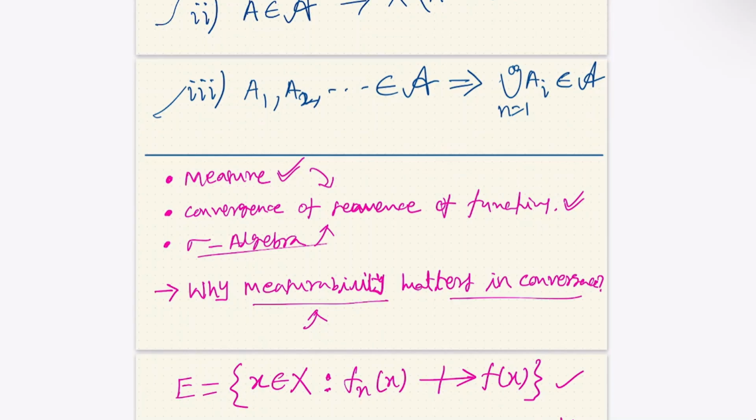Before that, you should know, in your stochastics course, is measure also there, or are you just learning sigma algebra without measure? Hello, are you dealing with measurable space in sigma algebra, or only sigma algebra?